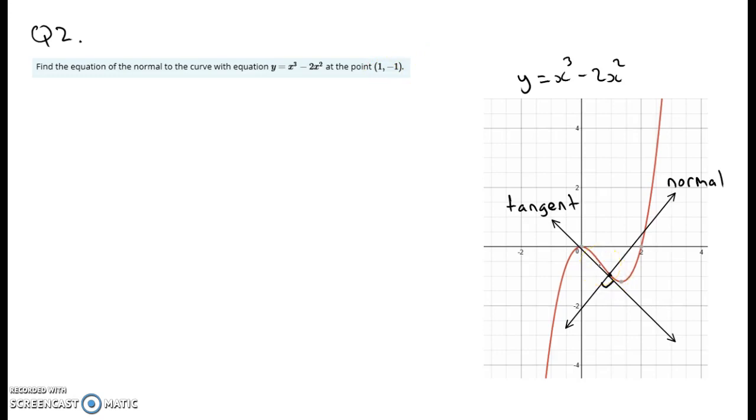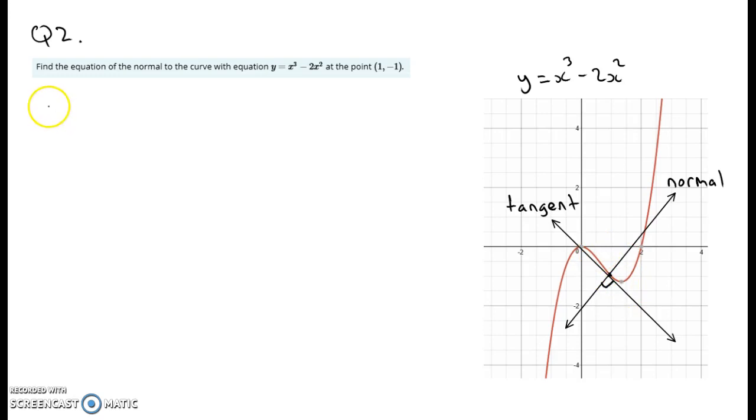If we were asked to find the equation of the tangent, the process would be identical to what we did in the previous question. We'd find the derivative and then find the value of the derivative at x equals 1. But if we're trying to find the equation of the normal, we need to find the gradient of this normal line, and because it's perpendicular, we know that it is going to be the negative reciprocal.